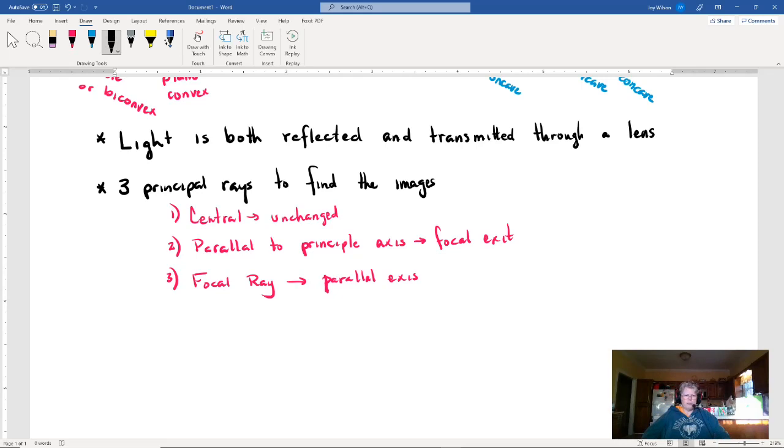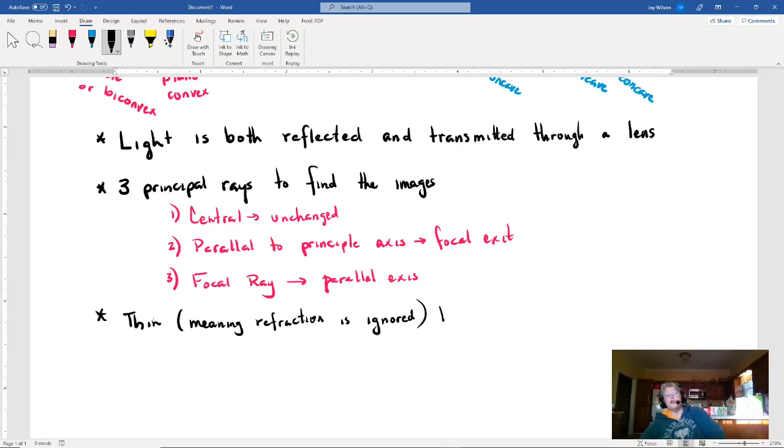Now, let's remember some things. And let's state some things about what these thin lenses are going to be. Number one, these are thin, meaning refraction is ignored. So the bending of light is basically ignored when we do this.